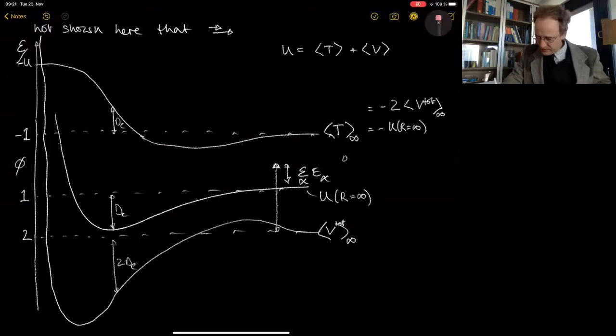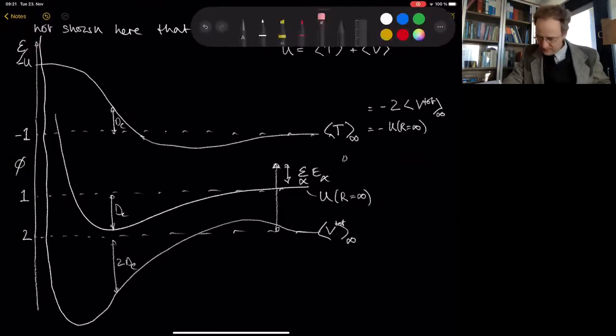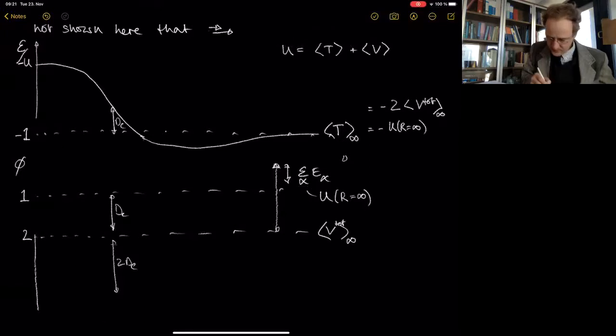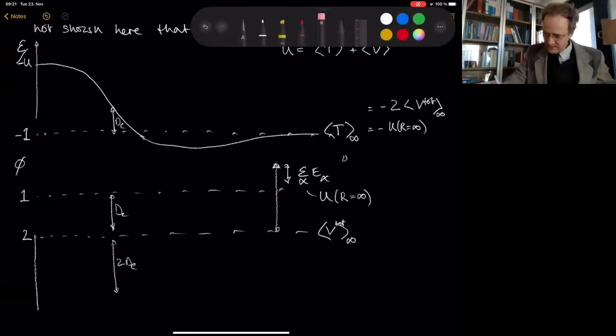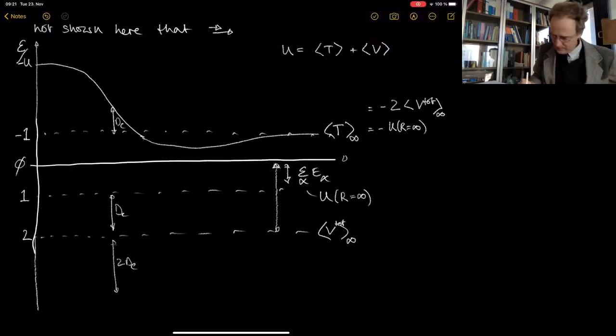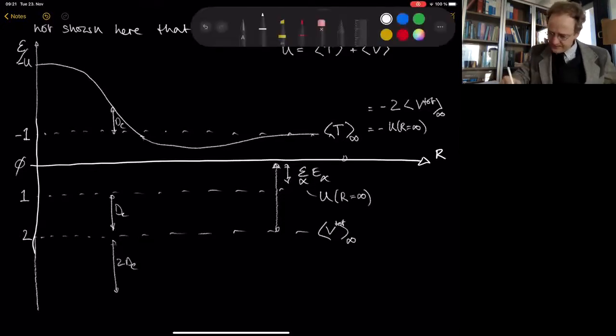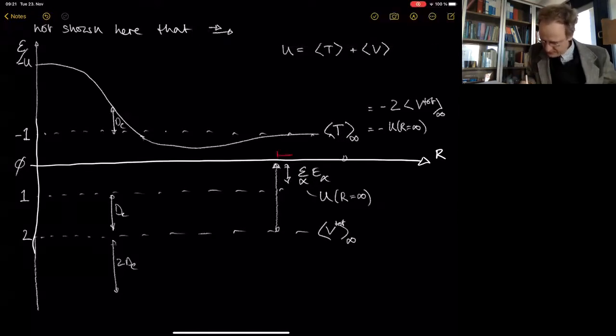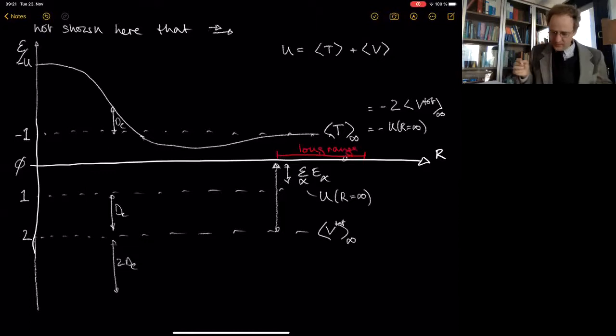So this is our R, and actually, this is the region, the long range region.